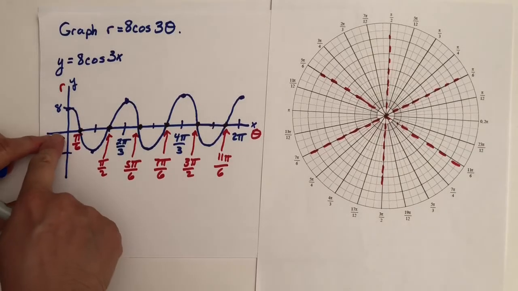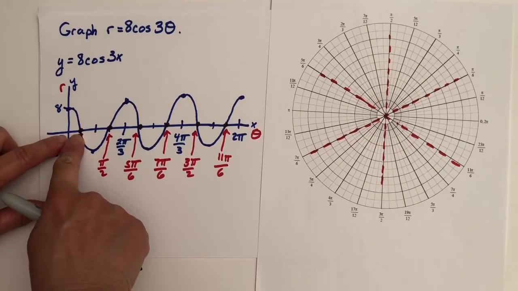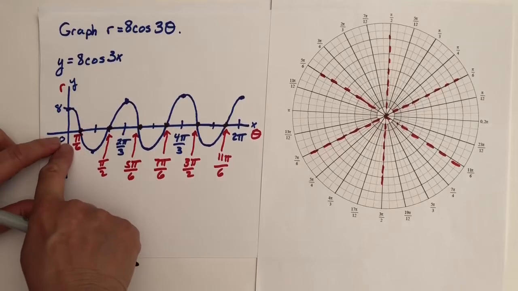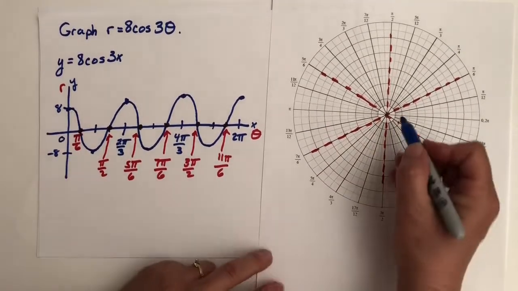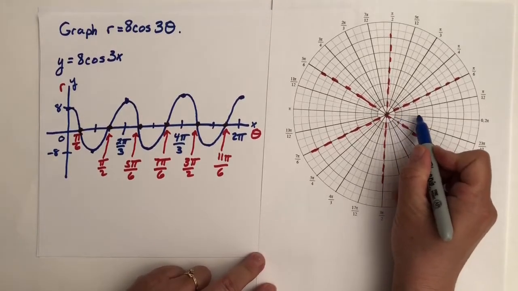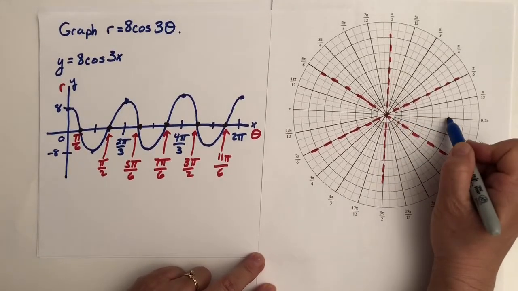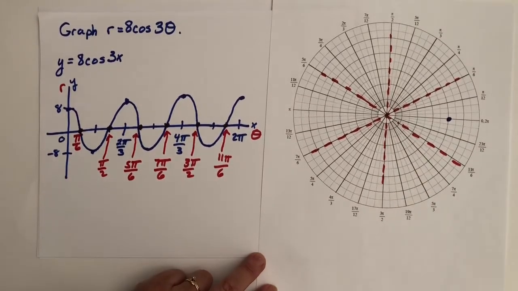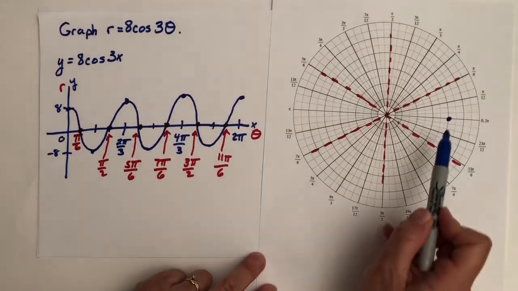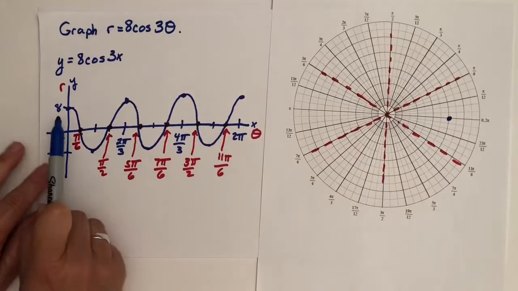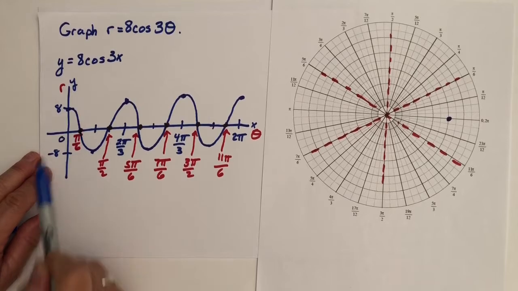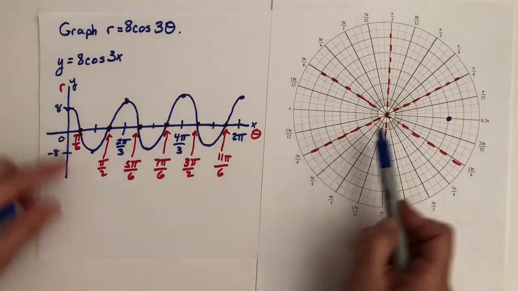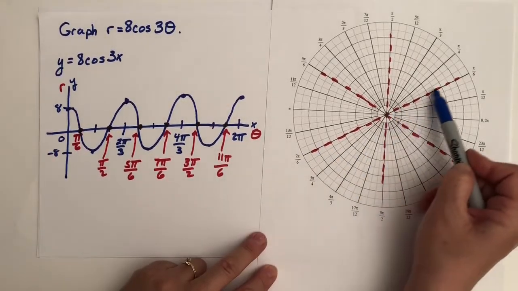Notice between 0 and pi over 6, let's start there. At the angle 0, the radius is 8. So let's see, we'll go 2, 4, 6, 8. We're out here. And between 0 and pi over 6, notice our R value goes down to 0. And it's going to approach this line right here.